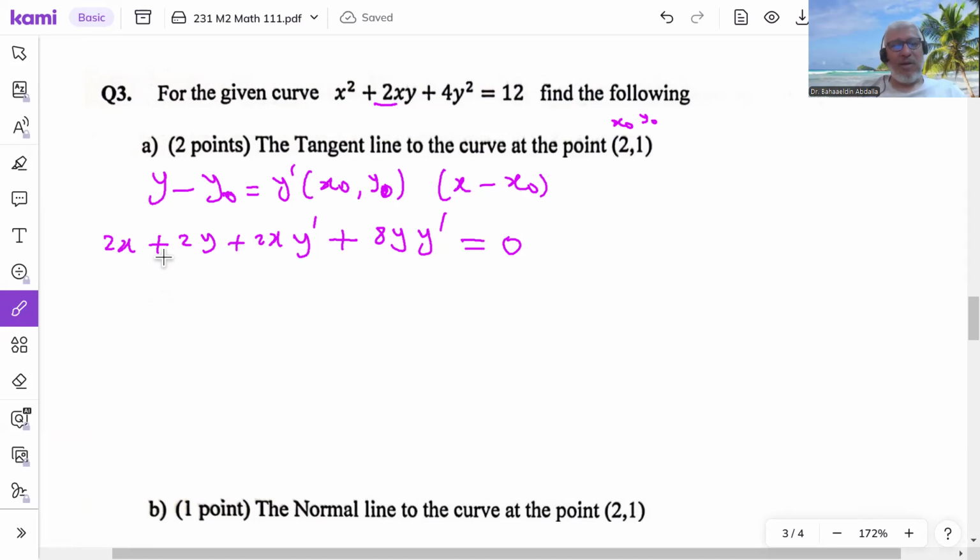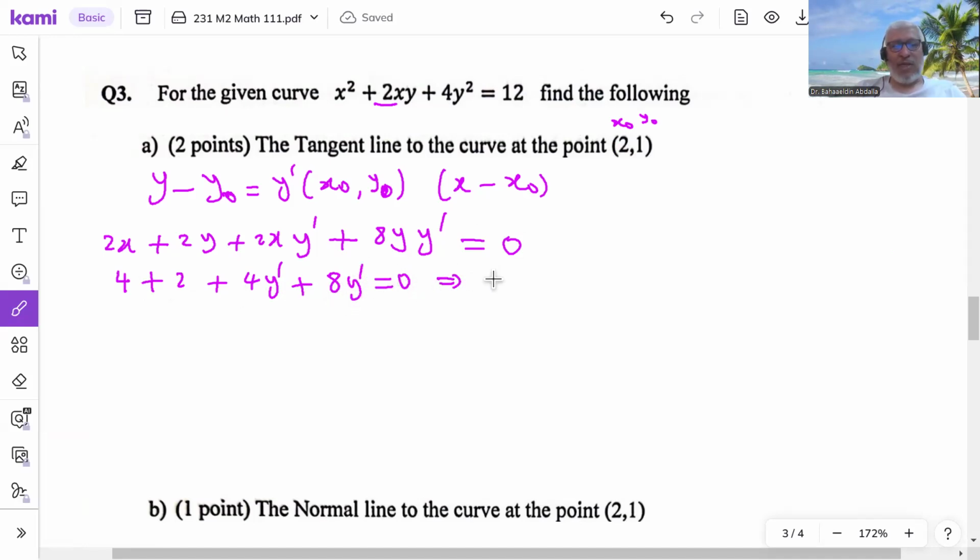Now, x is x0. I can replace x here by 2 and y by 1. So I'll have 4 plus 2, because y is 1, plus 2 times 2, 4y prime, plus y is 1, so 8y prime equals 0.